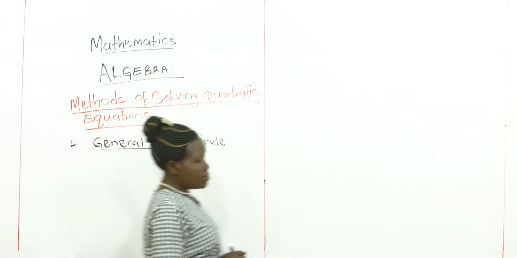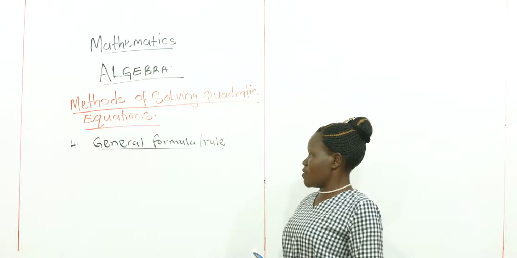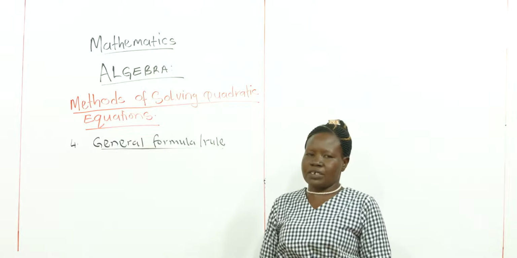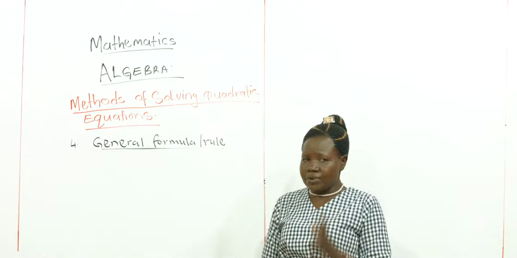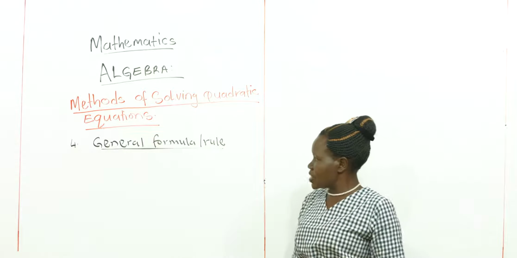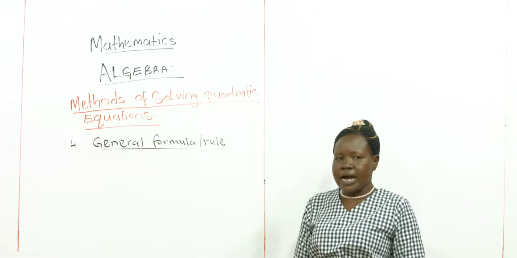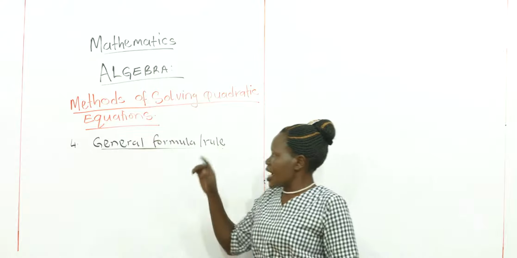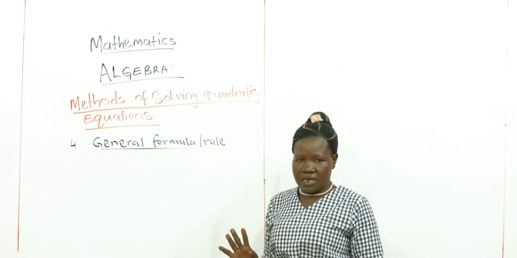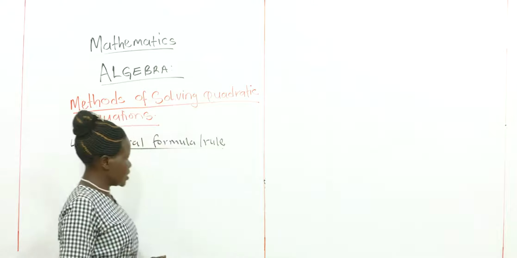But before we come to that point, there is what we call deriving the general formula, because the general formula is applied to solve any quadratic equation. If they have not instructed you to solve by factorization, by perfect square or by completing the squares, and the equation just says solve, and you have identified that it is a quadratic equation, you are free to use the general method, because it covers all kinds of quadratic equations.